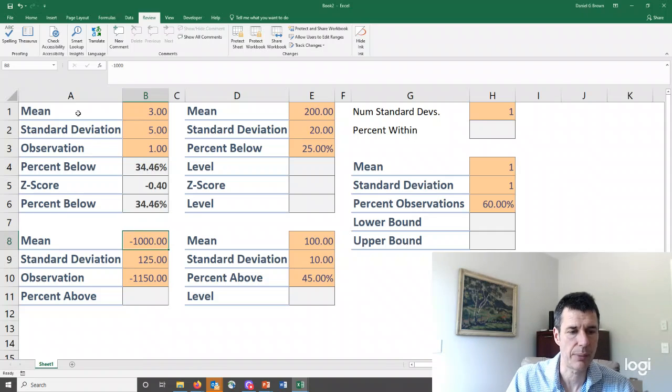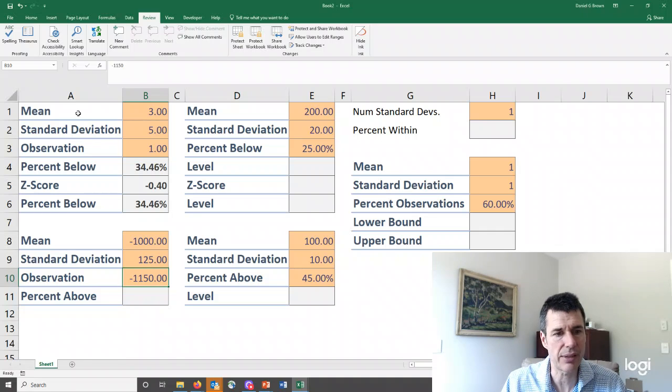Okay, our next example, we're going to calculate the percent of observations above. Again, we've got a normal distribution, mean -1,000, standard deviation 125, and we want to know the observations above -1150. Now we can do this in two ways with norm.dist or norm.s.dist. I'm going to just do the norm.dist variant.